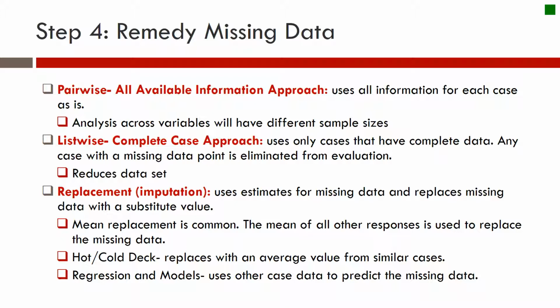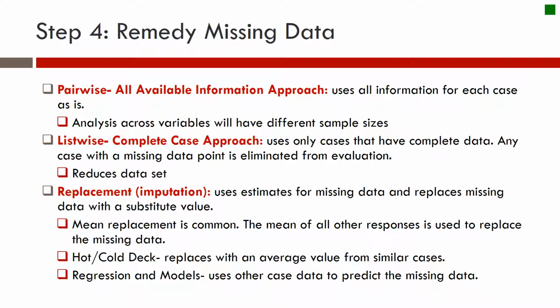The third way then is to replace our data, which is called imputation, and we can replace our data by using some type of specific method. A very, very common way to do this is to take the mean of the variable, and wherever there's a missing data point in that variable, insert the mean.